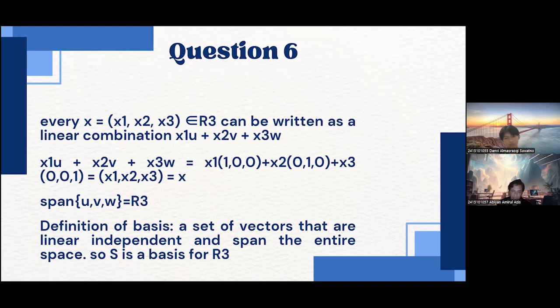This is equal to x1, x2, x3, which equals x. So the span of U, V, and W is equal to the three-dimensional space R3. By the definition of a basis, a set of vectors that are linearly independent and span the entire space, S is a basis for R3.